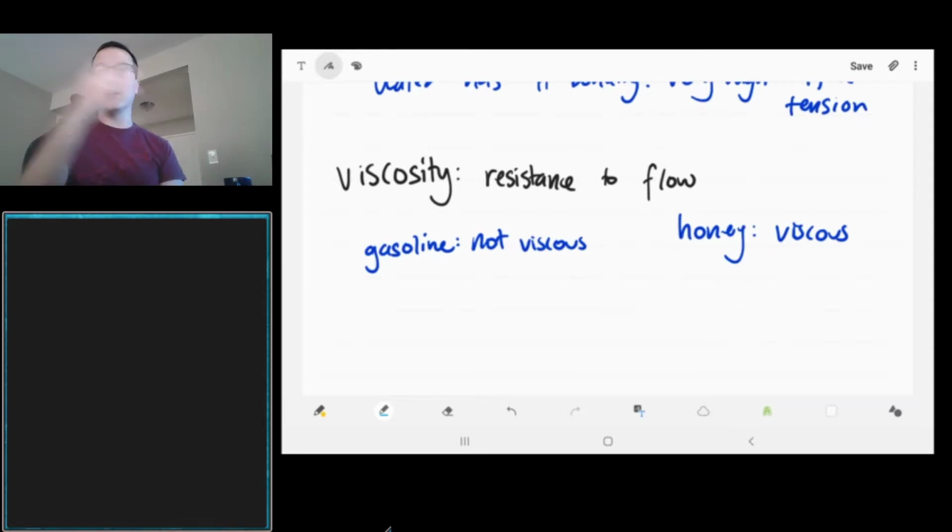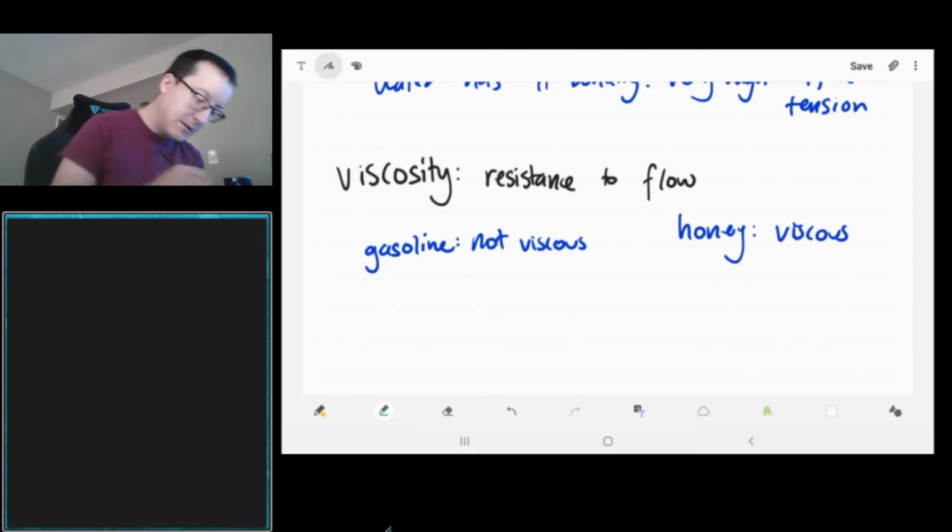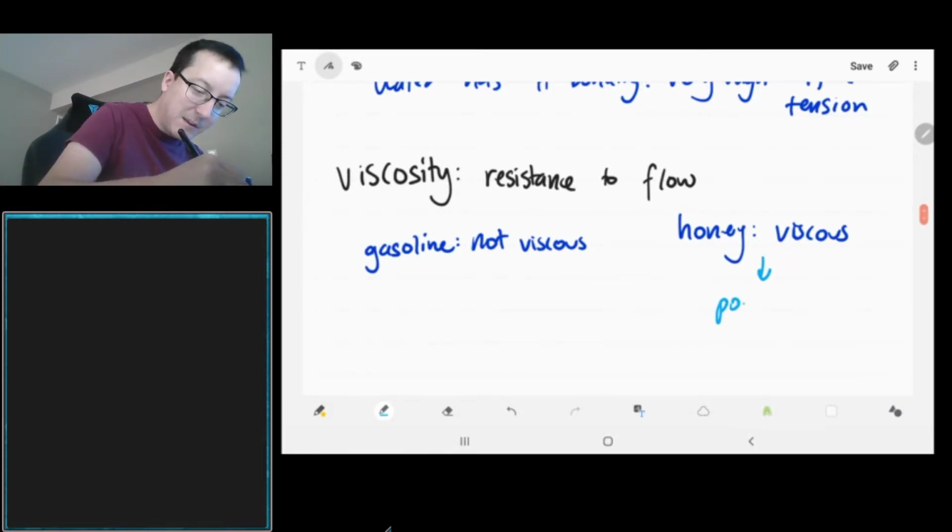So as you try to pour your honey from one container to another, the molecules are all like, hey, I like these other molecules. I don't want to go with the rest of you. And so as a result, it's going to pour very slowly. And the gasoline would be the opposite of that.